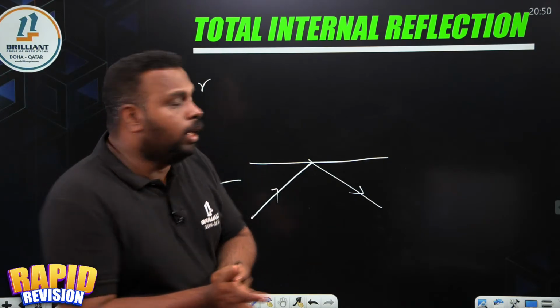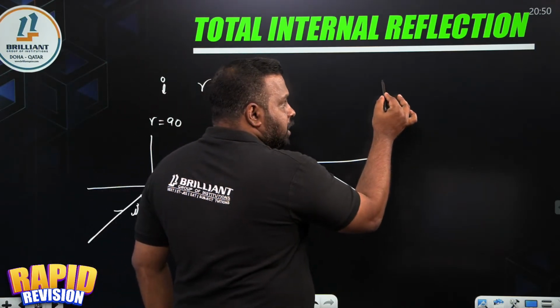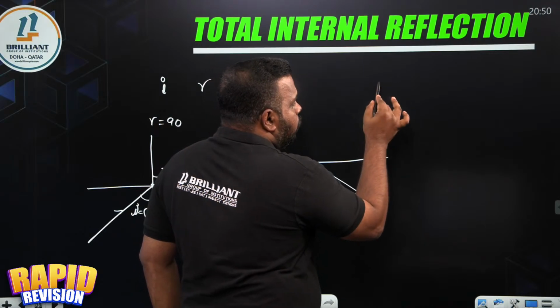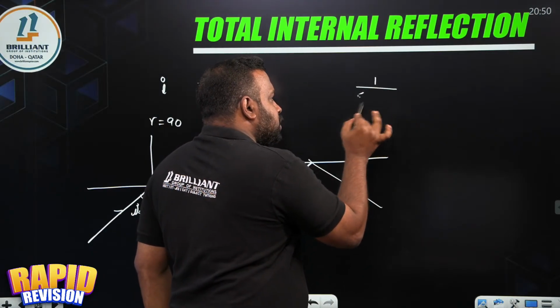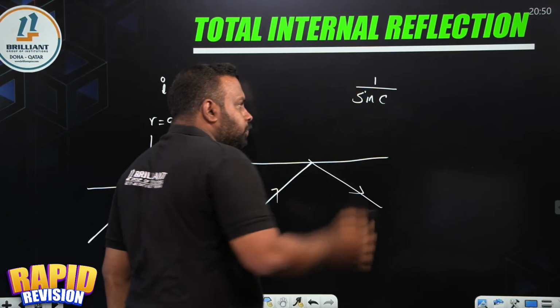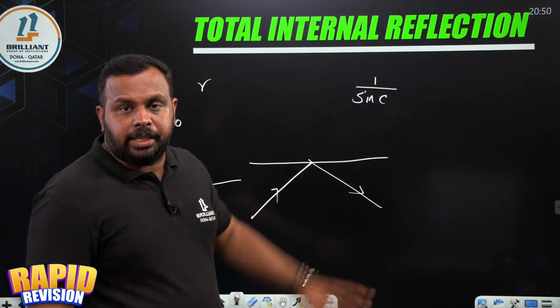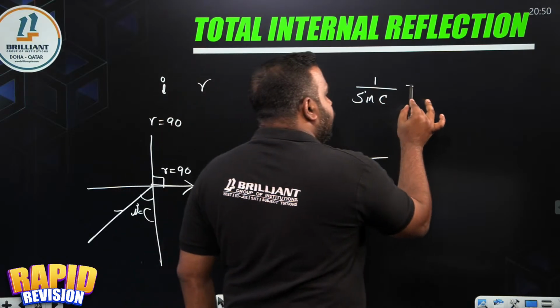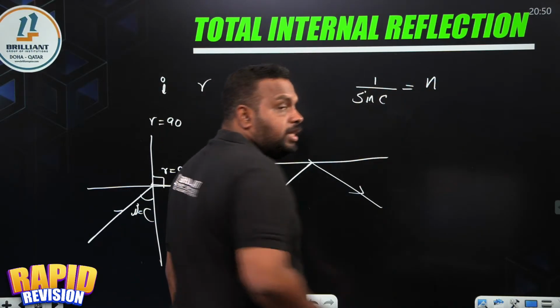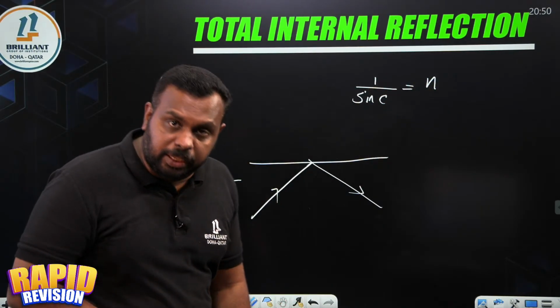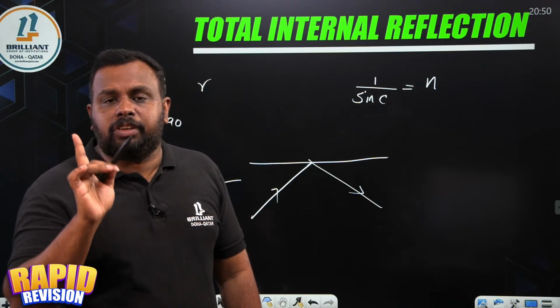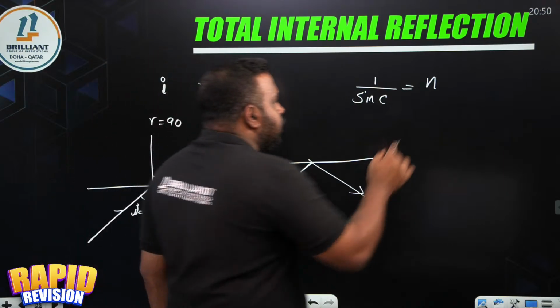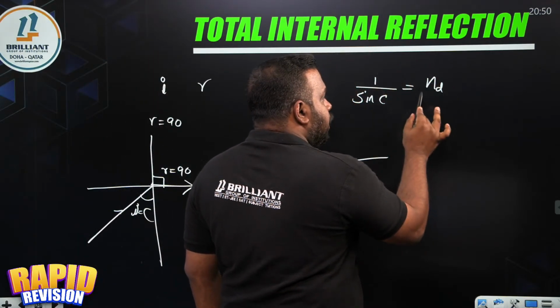What is the formula? Basic formula is this one, 1 by sin C. What is C here? C is the critical angle. 1 by sin C is equal to N, where N is the refractive index of denser medium, ND.